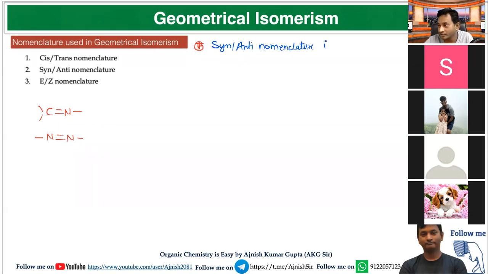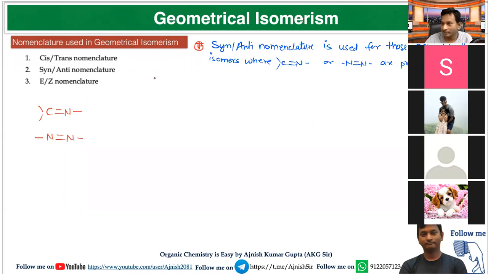Syn-anti nomenclature is used for those geometrical isomers where carbon double bond nitrogen or nitrogen double bond nitrogen are present. So syn-anti nomenclature is used for two cases: first for carbon double bond nitrogen and second for nitrogen double bond nitrogen.